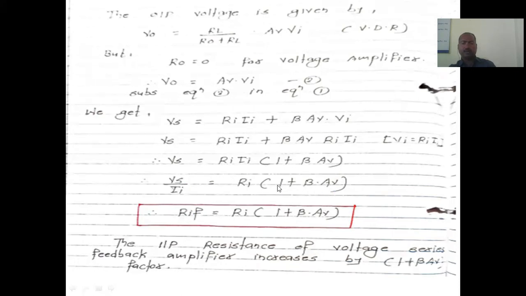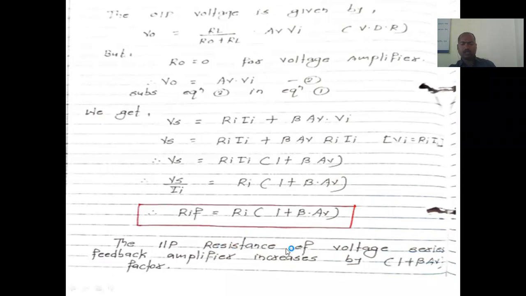What it indicates is that the value of the input resistance, which is nothing but Ri, increases by the factor of 1 plus beta AV when we use the voltage series feedback network.